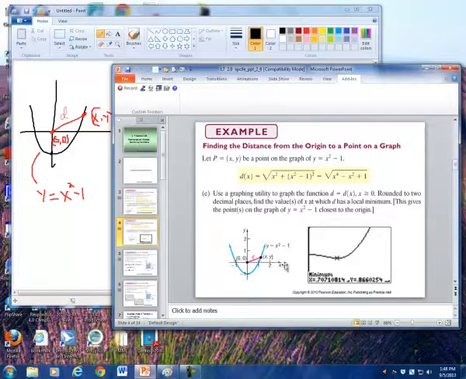So basically we need to take this equation here, put it into our y equals in our calculator, and then from there we're going to go to second, calc, and then we're going to go to 4, or no, 3 for our local minimum, and then find our local minimum for that point.